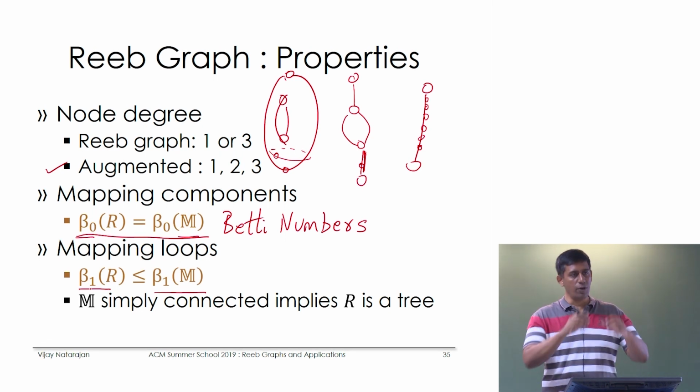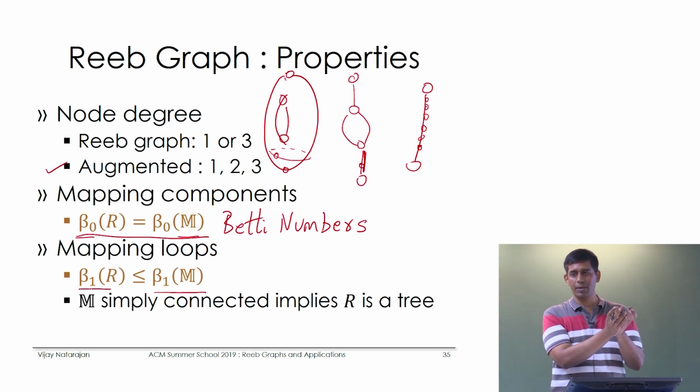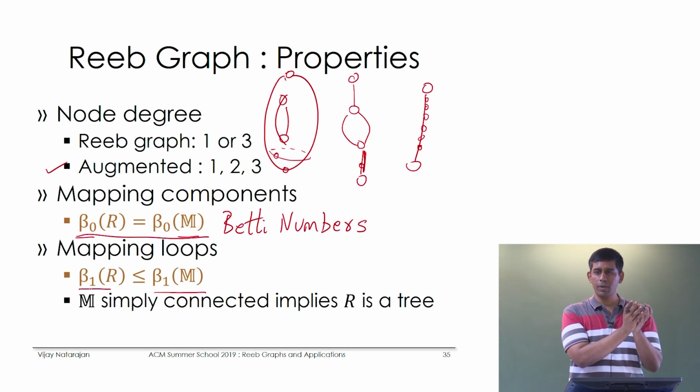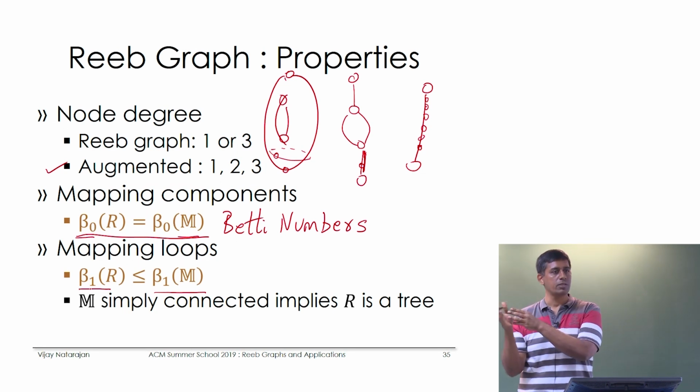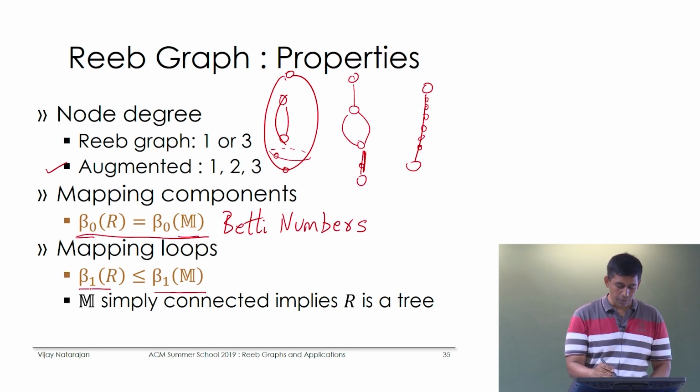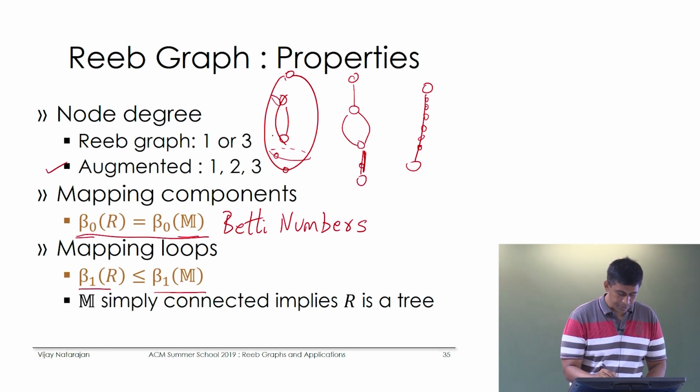So if you have a tunnel in your domain, that tunnel is connected, and you are mapping it to some space. So maybe I draw it again.